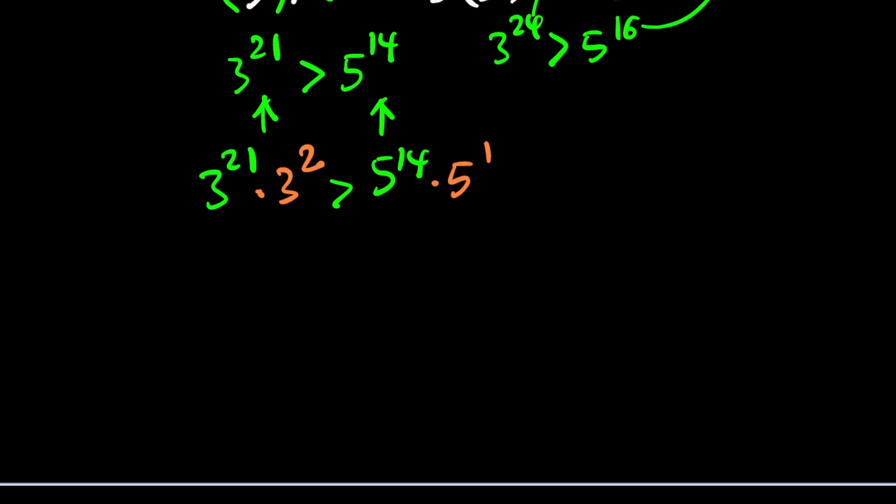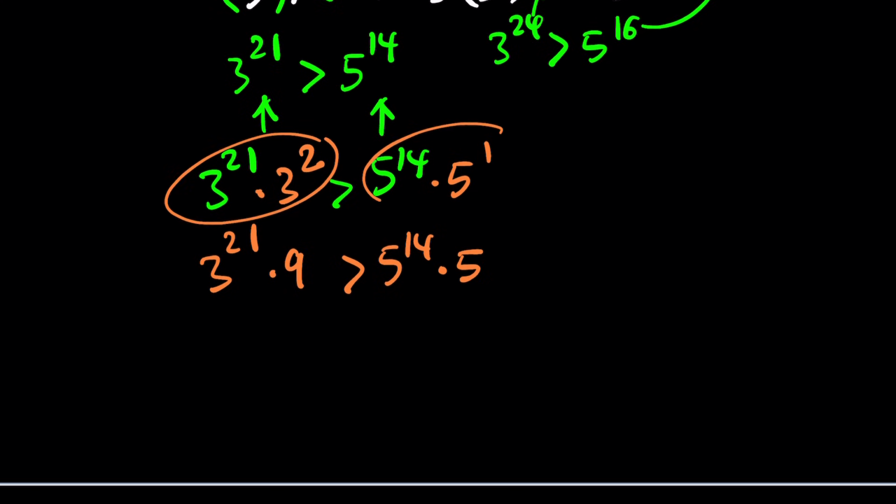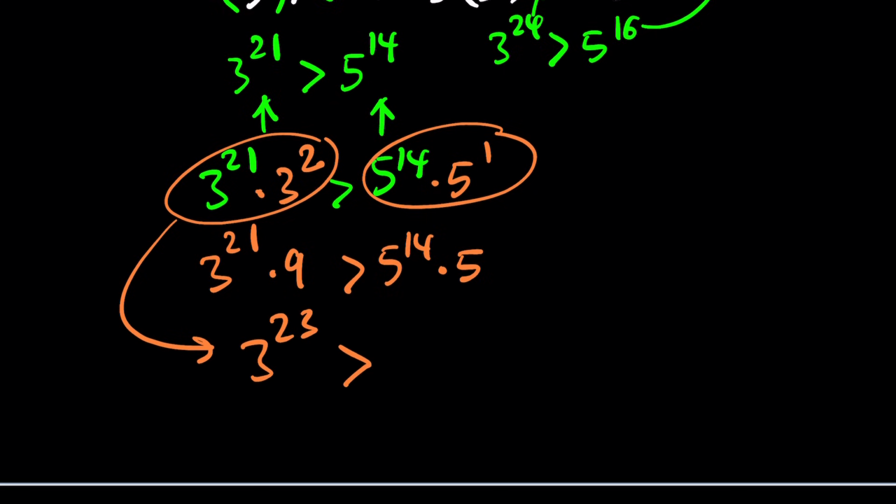Now notice that I took a number that is larger than another number, and I multiply the larger number by 9. I multiply the smaller number by 5. What happens? We still have the same inequality. And guess what? This gives you the answer. Because if you simplify this and this, then you get 3 to the power 23 is greater than 5 to the power 15. And yes, 3 to the power 23, the one with the smaller base, wins.